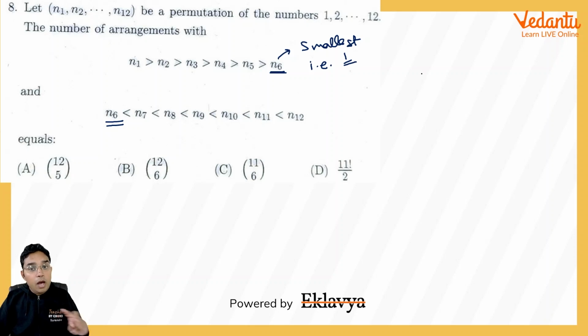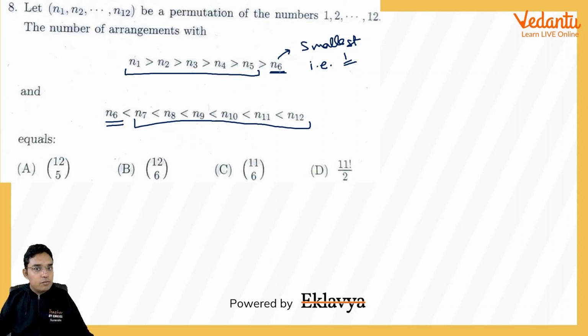Okay. Now among remaining 11 numbers, 2 to 12, I think these two sets of numbers n1 to n5 and n7 to n12 have no direct relation between themselves, because we just have to ensure that n1 to n5 are bigger than n6 and in that order, and similarly n7 to n12 are also bigger than n6 in that order.